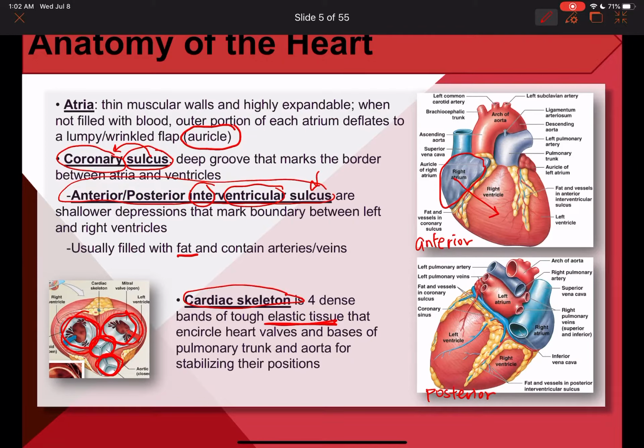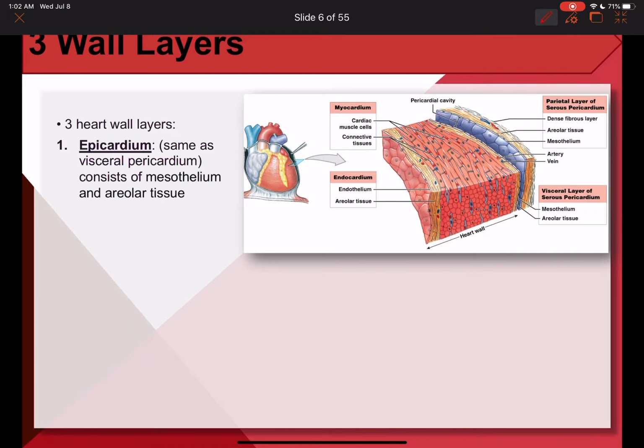All right, and just like we have 3 layers of muscle and nervous tissue, epimysium, endomysium, perimysium, things like that, we have something similar, the same prefix scheme anyway, for the 3 layers of the heart. The epicardium, like I was saying, is the outermost layer of the heart, where heart tissue begins.